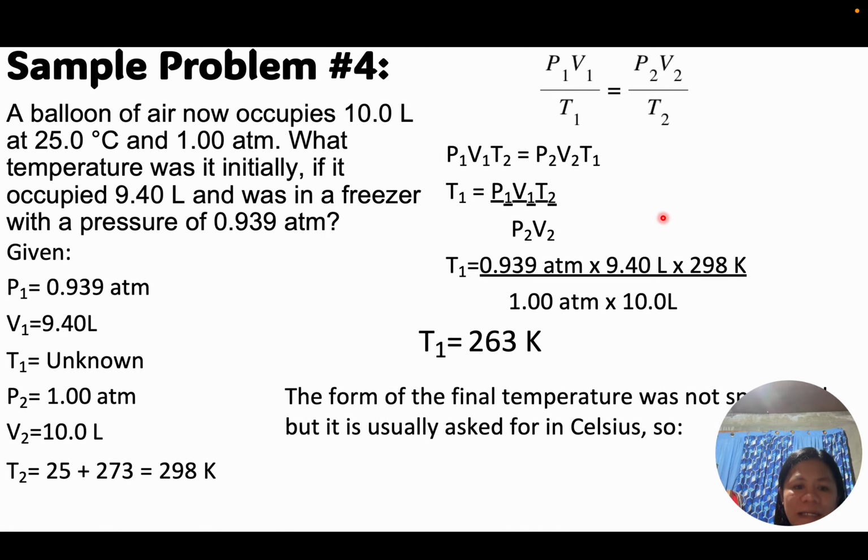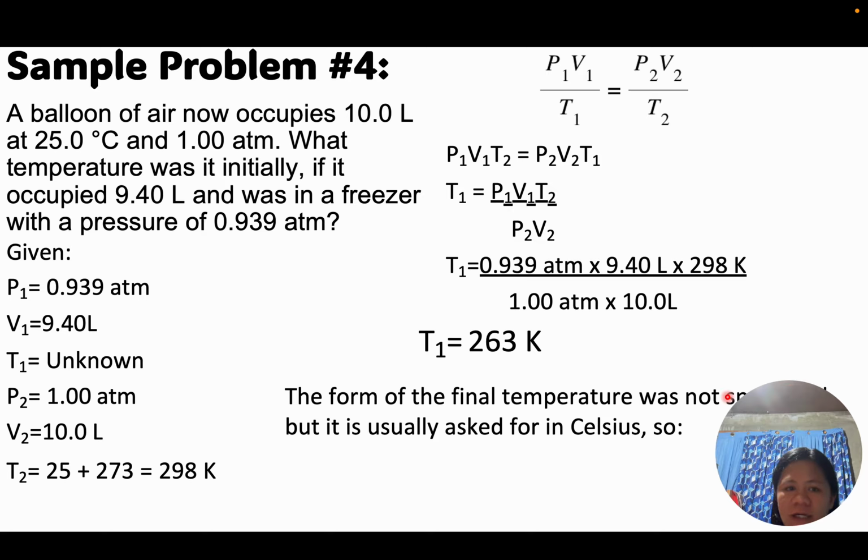The form of the final temperature was not specified, but it is usually asked for in Celsius. Okay? Kasi nga, Celsius yung given. So, ang gagawin lang natin is what? To convert it into Celsius. Kasi nga, Celsius yung given natin.